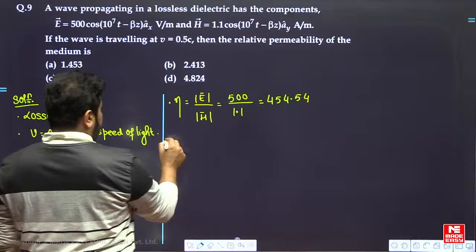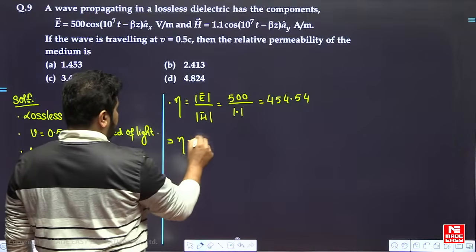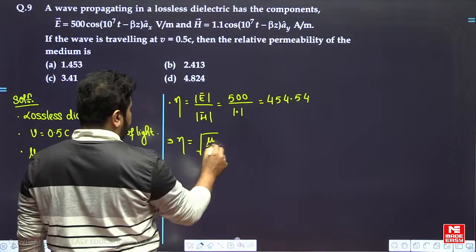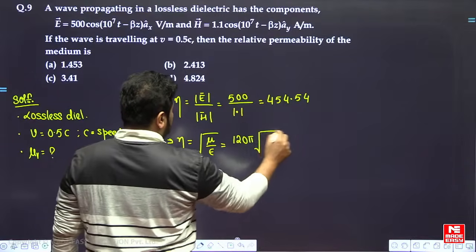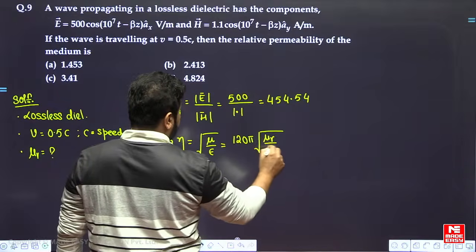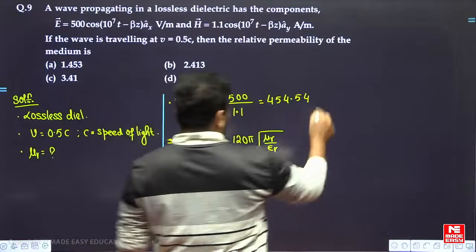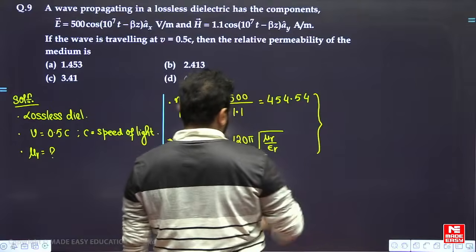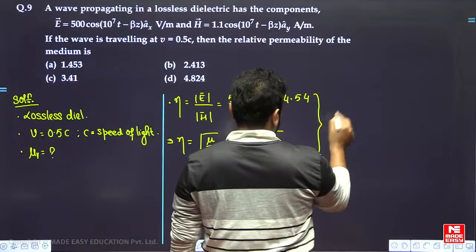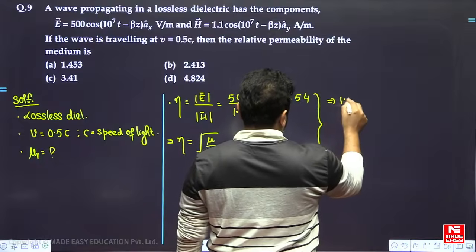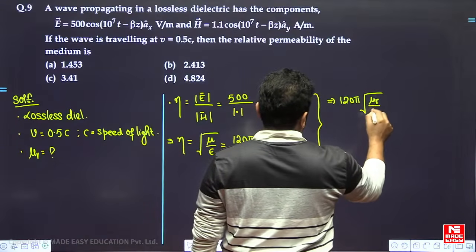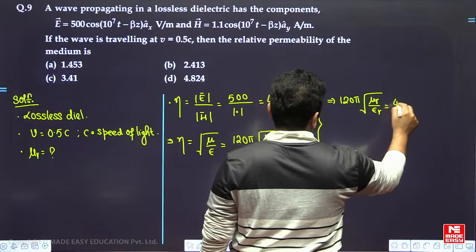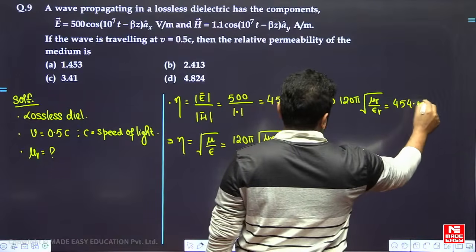Now we know that eta is nothing but root under mu upon epsilon, also by definition. So this is nothing but 120 pi root under mu r upon epsilon r. So now both the values will be the same. If I equate them, I can say that 120 pi root under mu r upon epsilon r is equal to 454.54.